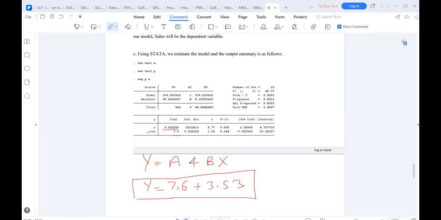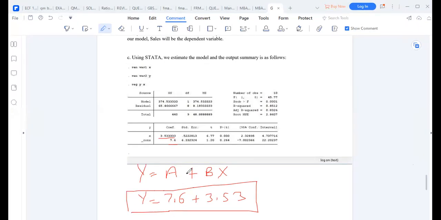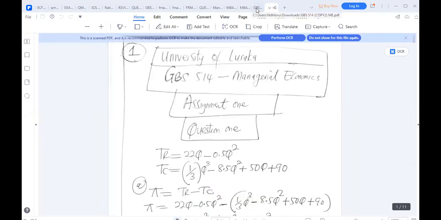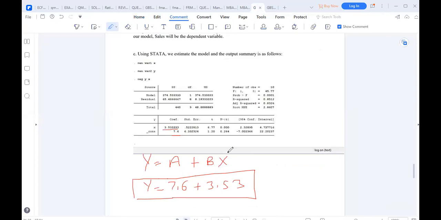So it is very clear there. It's telling you the value of x, the constant, and the variables. I want you to learn how to do the interpretation using the output.